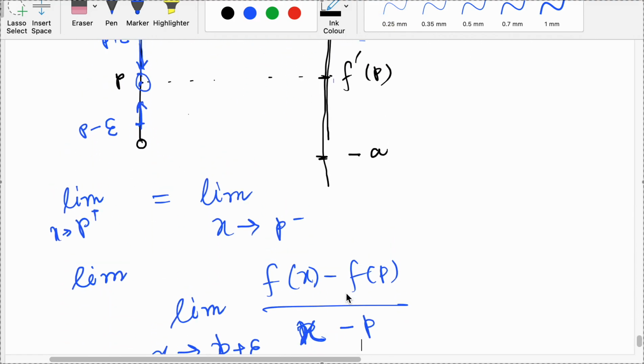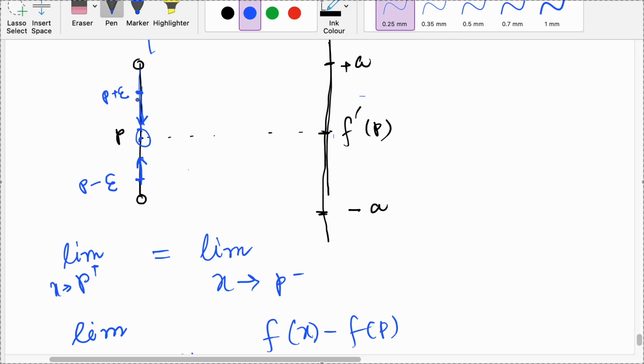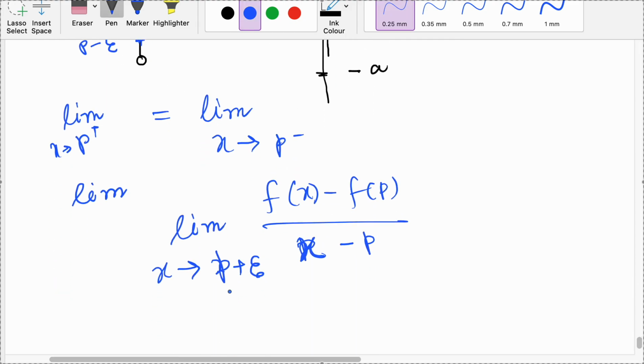If you are coming from this side, with epsilon tending to 0, the limit says that this should be equal to the limit x tends to p minus epsilon, with epsilon tending to 0, and the same thing.